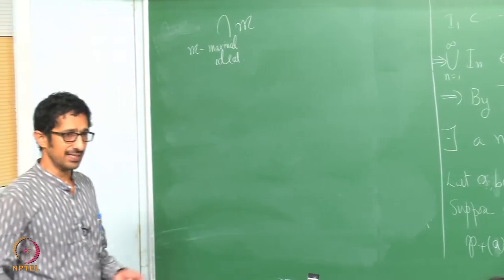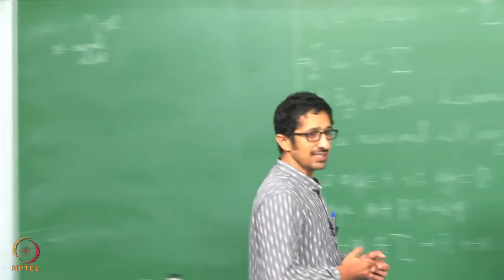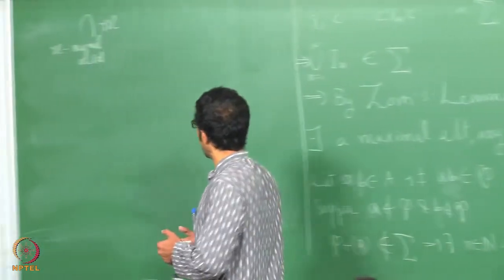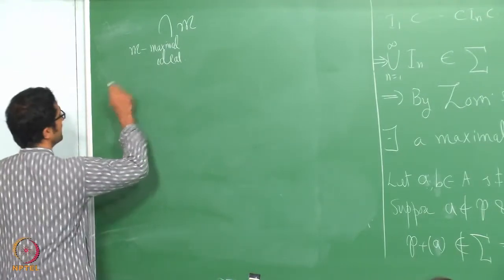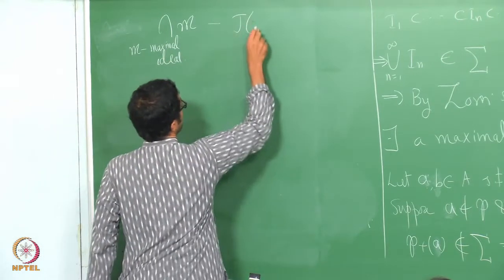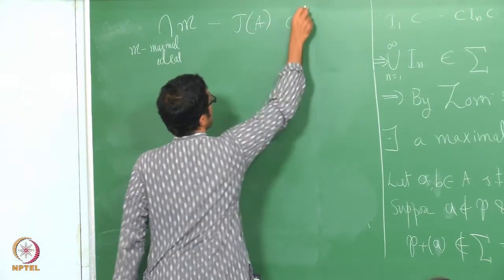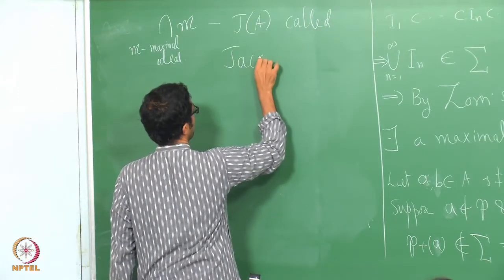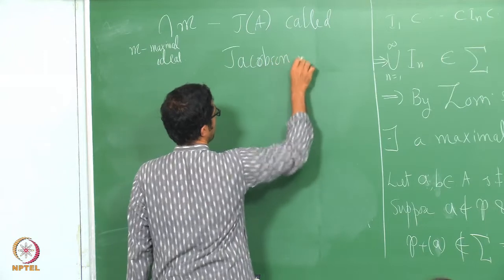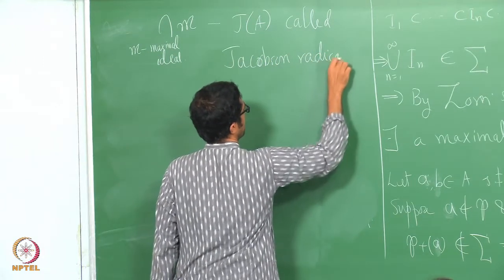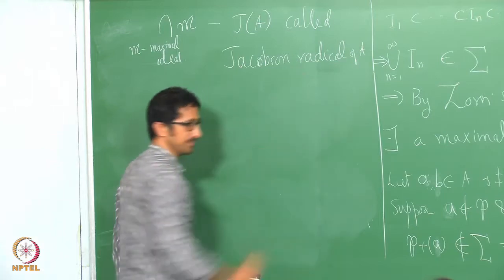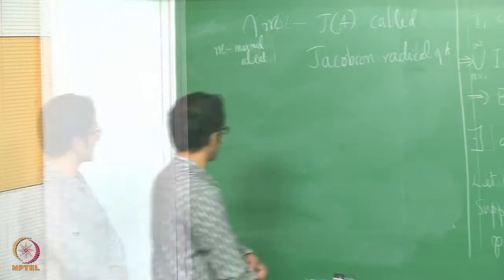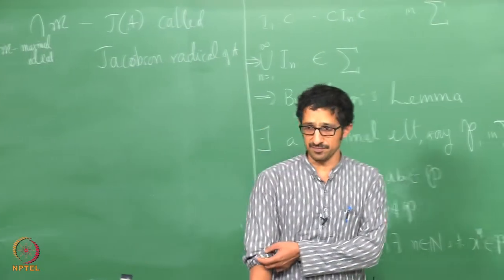Of course, this is an intersection of ideals, so it is again an ideal, and this is called the Jacobson radical. It is the intersection of all maximal ideals.